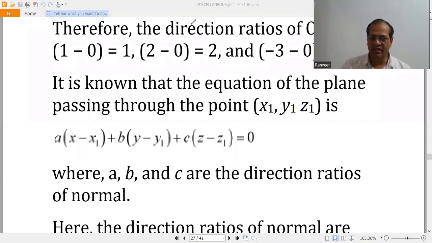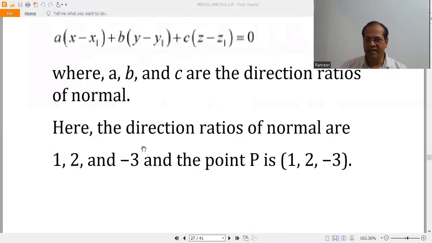Hence, the point given is 1, 2 and minus 3, through which the plane is passing. The direction ratio of the given plane's normal is nothing but 1, 2 and minus 3.